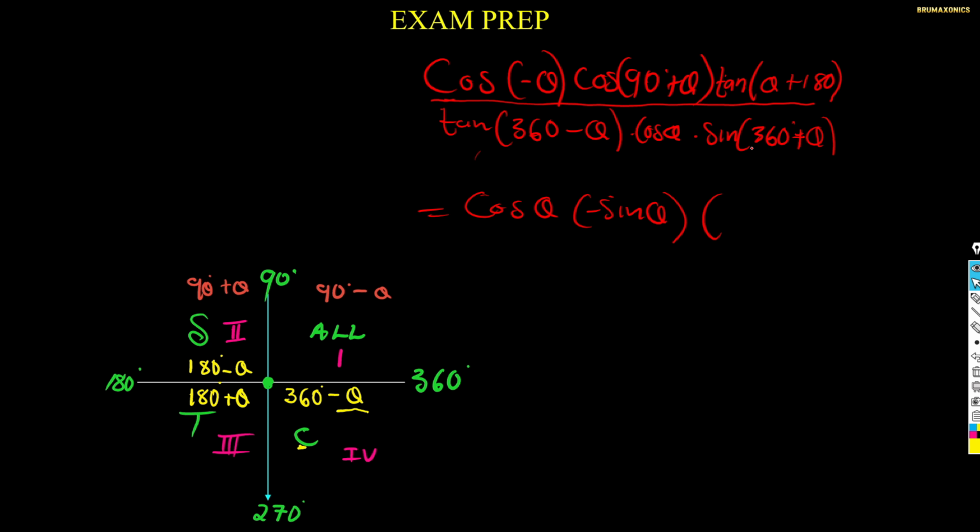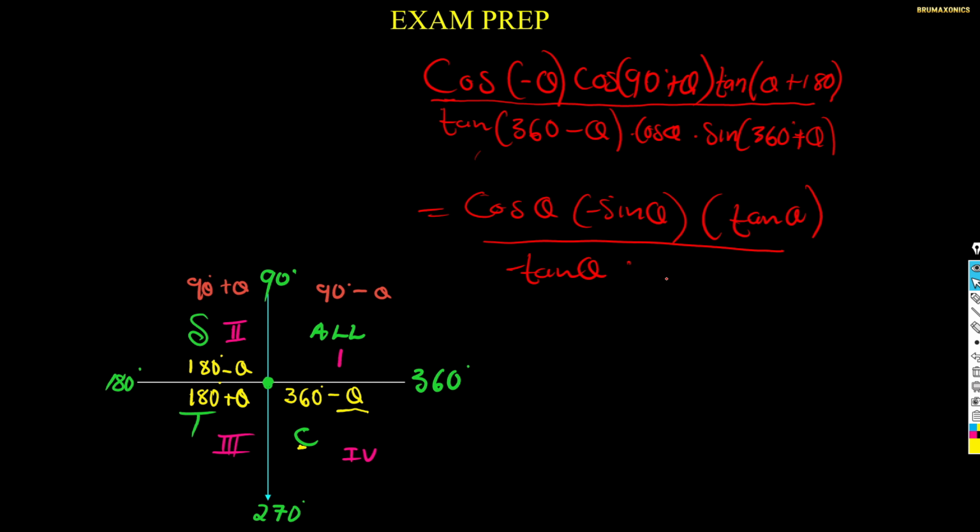Even if we change this into, for example, 180 plus theta, if you want to interchange them, you will definitely get tan theta as your answer, and then all over the tan of 360 minus, which will give us a negative, because here tan is negative. We are in a cos area, so this will be tan theta.